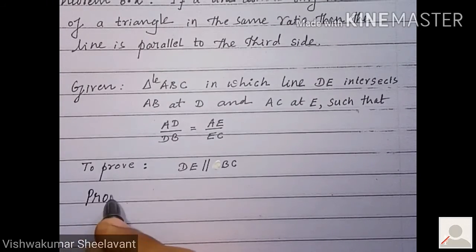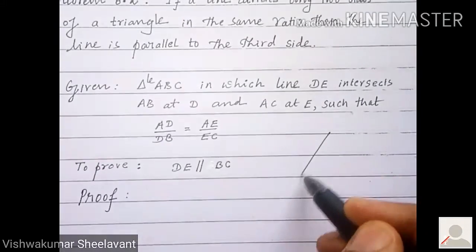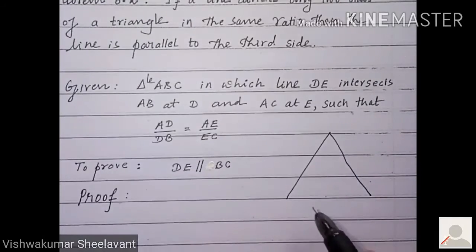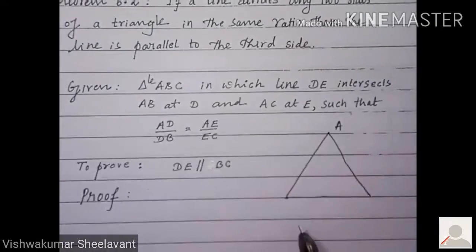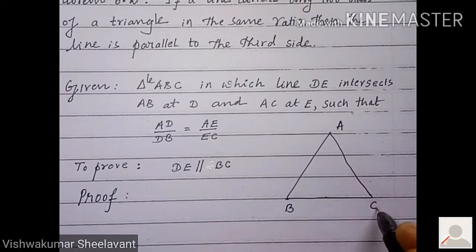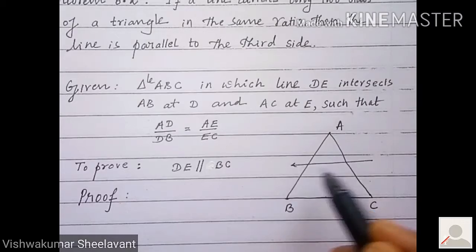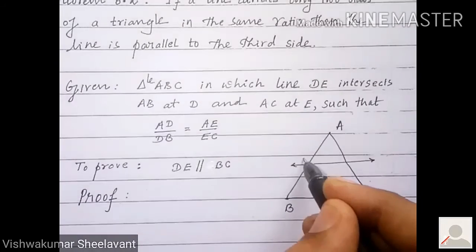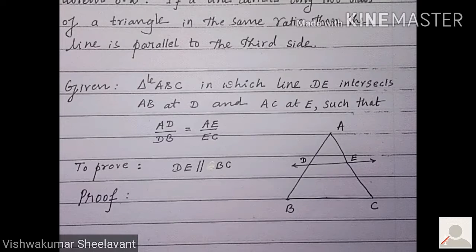So next we'll take the proof. For that we need a diagram. So let us have the diagram here. Please raise your hand if you have any difficulty. So here is some line intersecting AB at D and AC at E in such a way that AD by DB is equal to AE by EC.